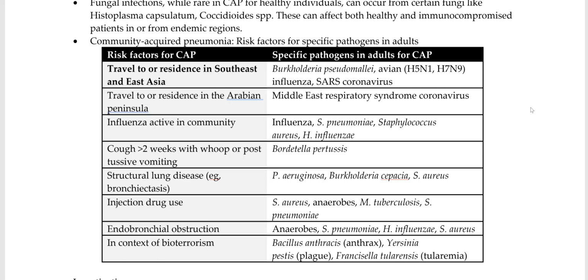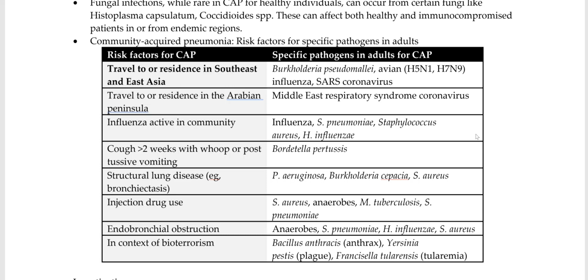If history of endobronchial obstruction is there, then anaerobes, pneumococci, Haemophilus influenzae, and Staphylococcus aureus should be kept in mind. If there is a context of bioterrorism, then anthrax, plague by Yersinia pestis, and Francisella tularensis, that is tularemia, also should be sought for. So this is about the risk factor and specific pathogen.